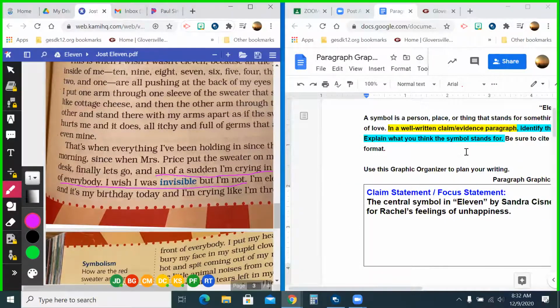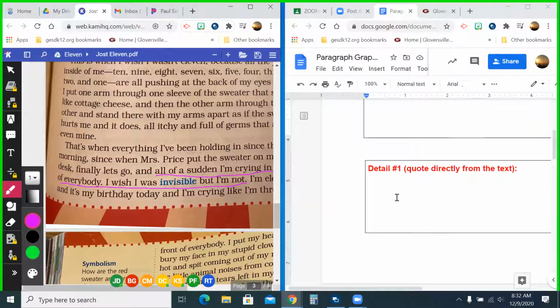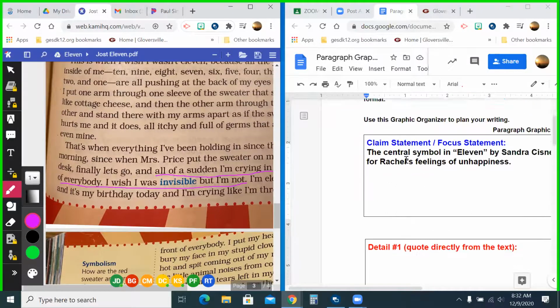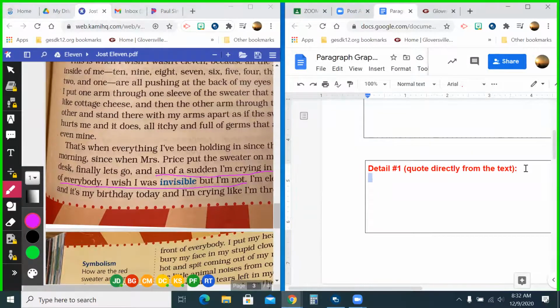Okay. So now I'm going to go back to my copy, and however you guys want to do this is fine with me. If you want to wait until I write everything out, or if you're going to write with me. But here's the thing. We have to quote directly from the text, which is the part that we underlined, okay? But also, listen to me carefully. All of you in the room are playing on your keyboard and not listening. And I'm pretty sure the people at home are too, because if you guys are doing it, they're doing it.